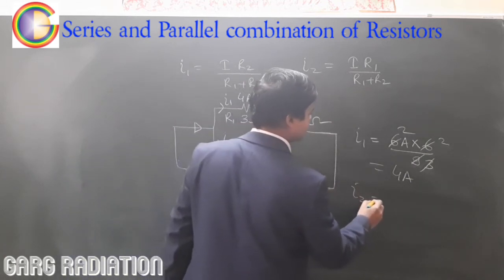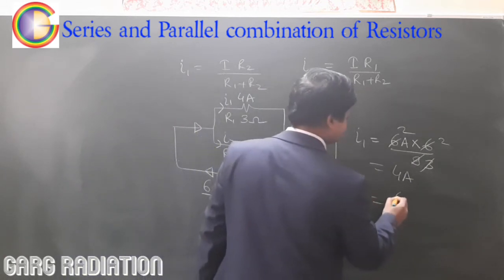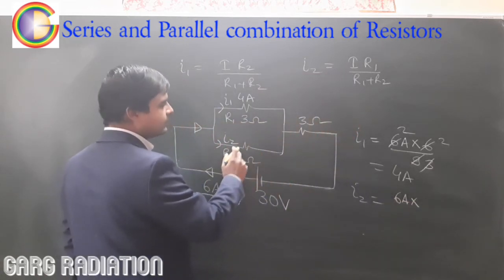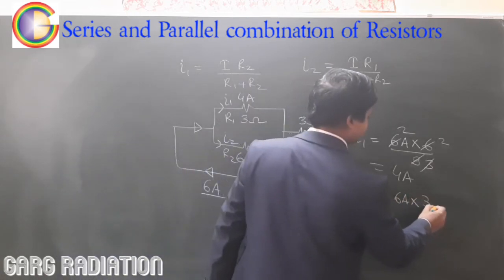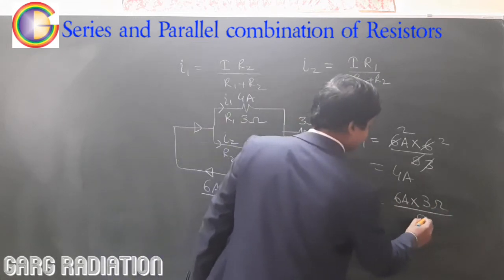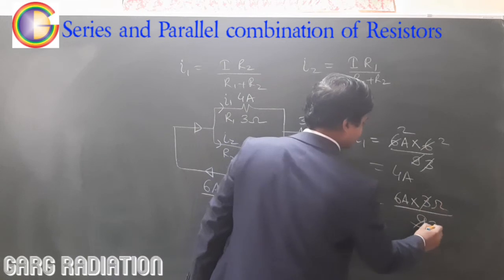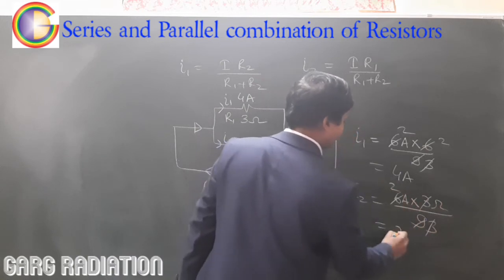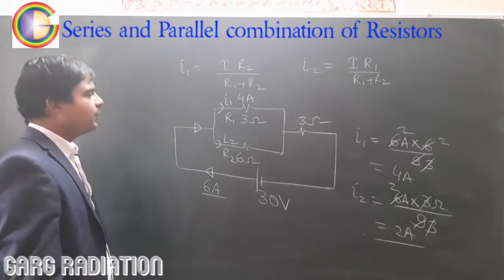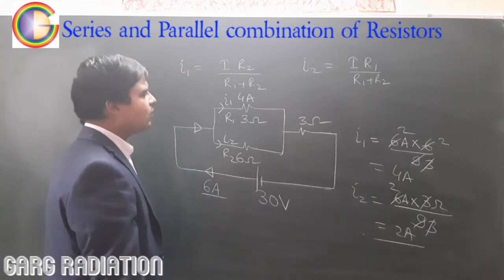And I2 is equal to 6 ampere into, since we are finding the current in this, the resistance will be this one, into 3 ohm upon 6 plus 3, or 9. So what do you get? 3, 2. So 2 ampere current you get. The same result we obtained in the previous method. Yes, so this is how we do it.